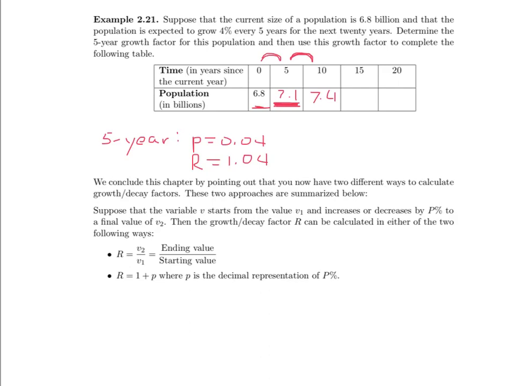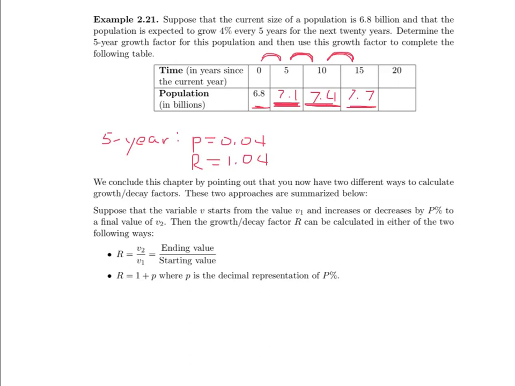To calculate the population in year 15, I recognize that this is a 5-year period again. Over that 5 years, the population grew by a factor of 1.04. My starting value is 7.4, so I take 7.4, I multiply that by 1.04, and I arrive at 7.7 when rounded to the nearest tenth.